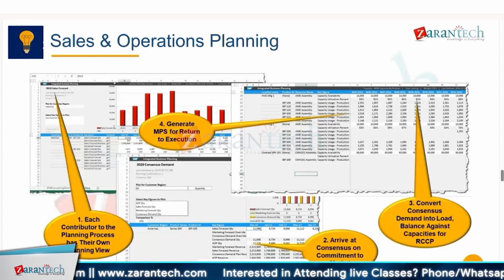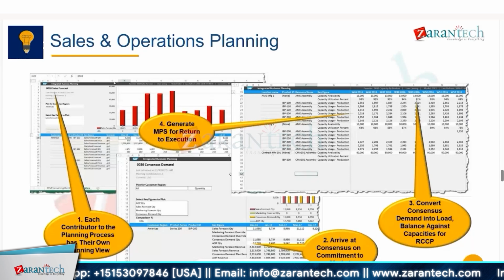In the initial stage, each contributor to the planning process has their own planning view. Basically, each planner defines how they want to see the tool. When we get into the tool, we will check how to design it so that you can get into it faster and see exactly what is of your interest.